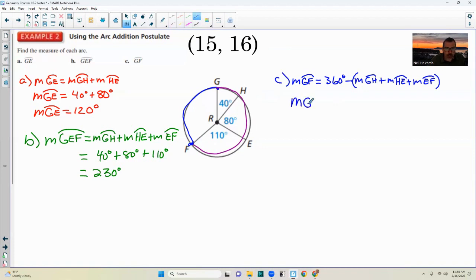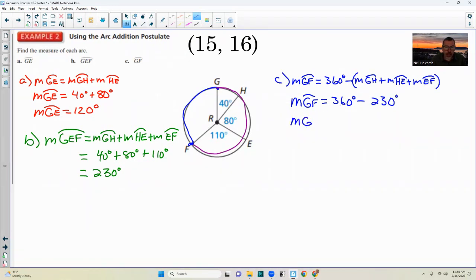So the measure of arc GF equals 360 degrees minus, well, this is GH, HE, EF, which we did in part B, that was 230 degrees. So there's no sense in redoing it again, but I would have written 40 degrees plus 80 degrees plus 110 degrees and subtract their sum, which is 230.